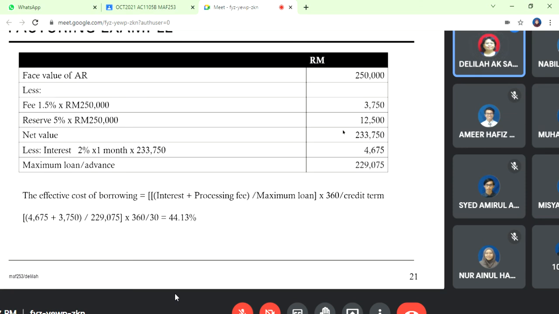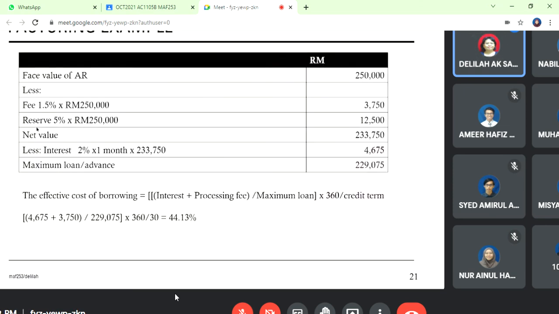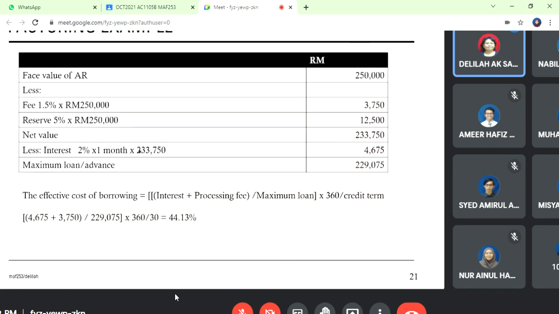Okay, 233,750. The interest on the factoring is 2%. Okay, this one should be for 1 year. 233,750 is the amount that you calculate the interest on, which gives 4,675. So 233,750 minus this 4,675, the interest.